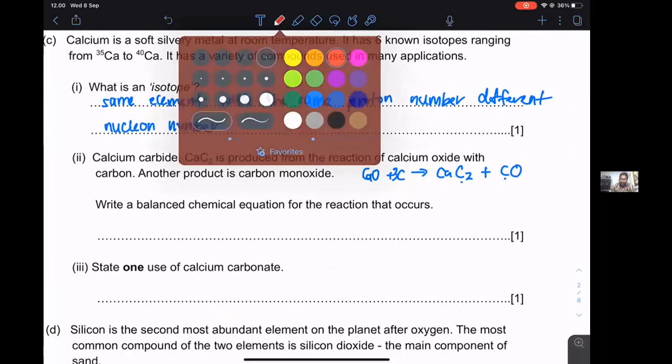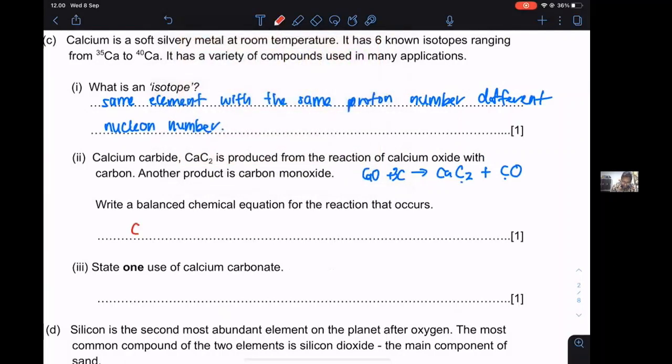Some of you didn't look at it properly and you balanced it wrongly, so this one is important. Another thing that you need to write down, you always check whether it's 1 mark or what, if you can come up with the state. So you write down the state. For example, this is solid, and calcium carbide, solid.